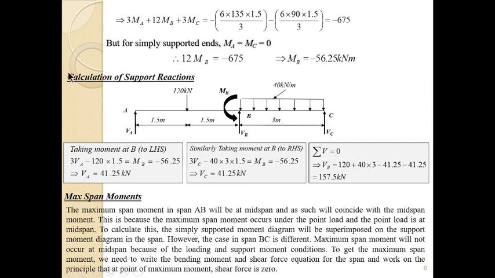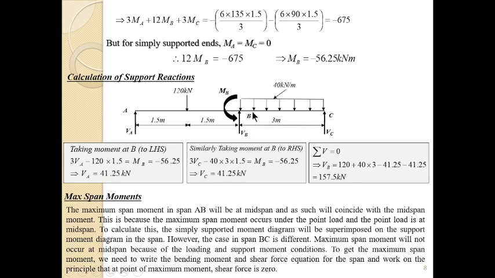So the next thing is to calculate the support reactions, and I'm going to use a different method of calculating support reactions other than what we used in moment distribution and slope deflection. So we are drawing back the beam. This is the beam that we had. From this beam, this is span AB and this is BC. These are the external loads. So what we do is introduce the moment M_B. It is a minus, so it's an anticlockwise moment.